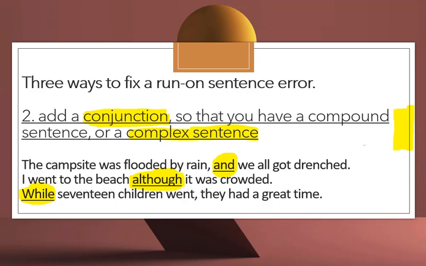What it actually does is it turns this part of the sentence into a sentence fragment. So that couldn't stand alone anymore on its own. This bit could, the bit at the start, but this bit couldn't. And that's what we call a complex sentence.